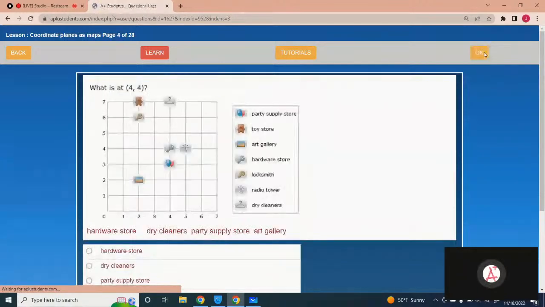Okay, the next one is, what is at 4 4? So at 4 4, which store is it: hardware store, dry cleaners, party supply store, or art gallery?